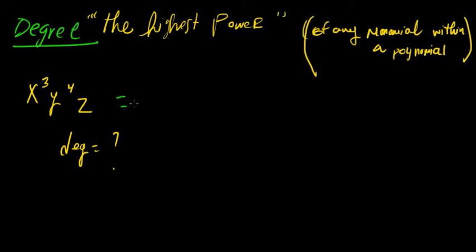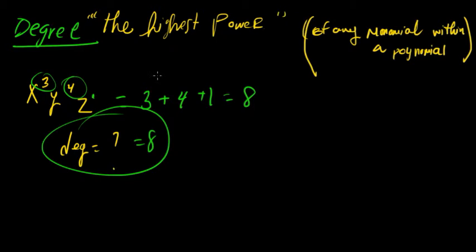We'll take 3 plus, what's the power on the y? 4. And what's the power on the z? Well, it's not written, so it's assumed to be 1. So it'll be plus 1, which will be 7 plus 1, which will be 8. This polynomial has a degree of 8. Okay?